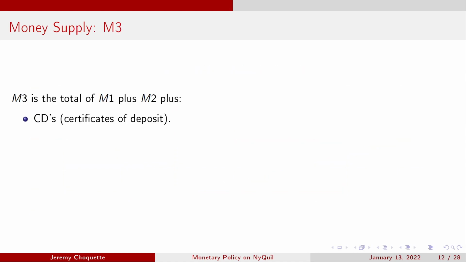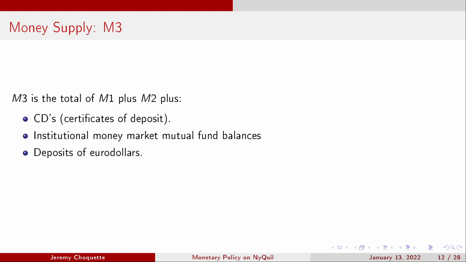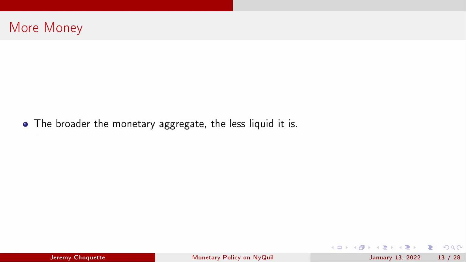Now, the third measure of the money supply we're going to talk about is M3, and it's the total of M1 plus M2 plus certificates of deposit, institutional money market mutual fund balances, deposits of Eurodollars, and repurchase agreements. Note that the broader the monetary aggregate, the less liquid it becomes.